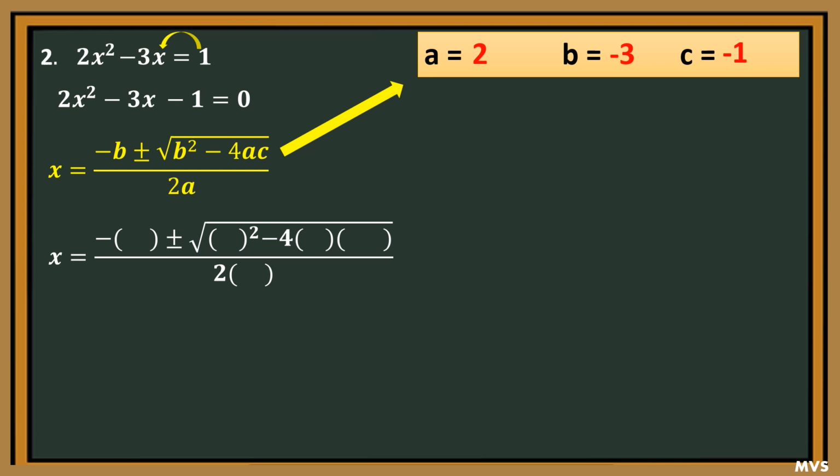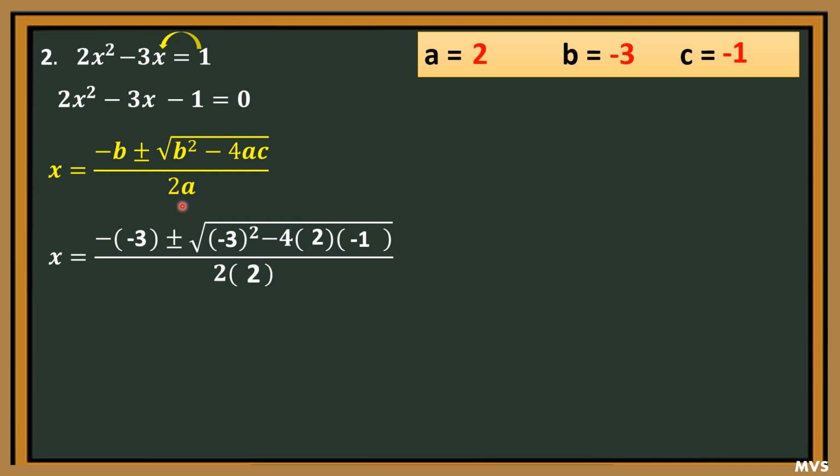We will have now negative b, and b is negative 3, plus or minus the square root of b, which is negative 3, then square it, minus 4, and what is the value of a? Positive 2. And what is the value of c? Negative 1. All over 2, and the value of a is positive 2.